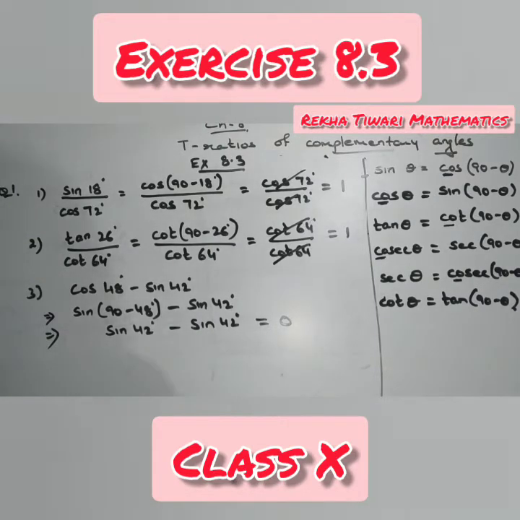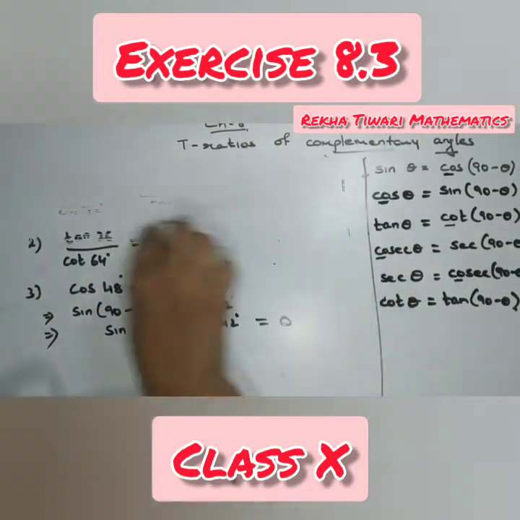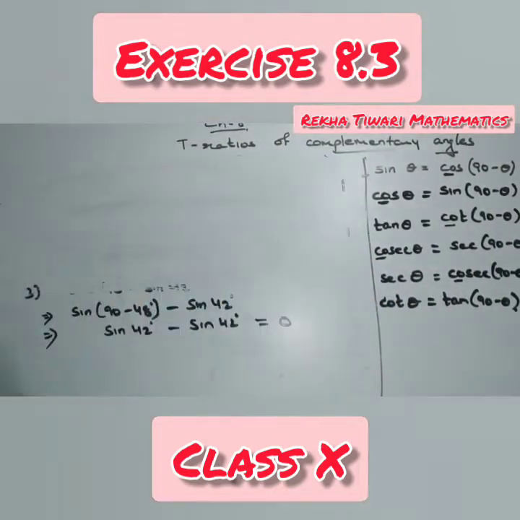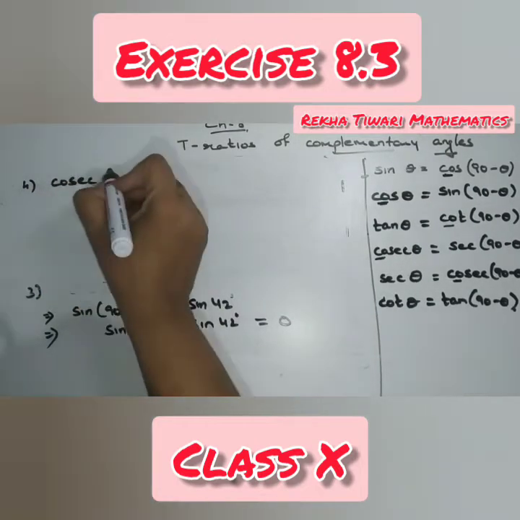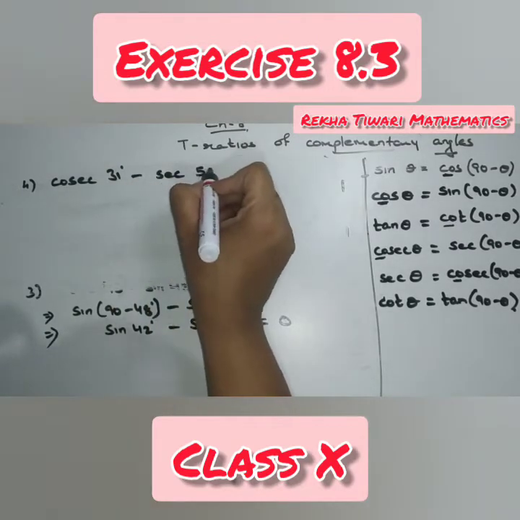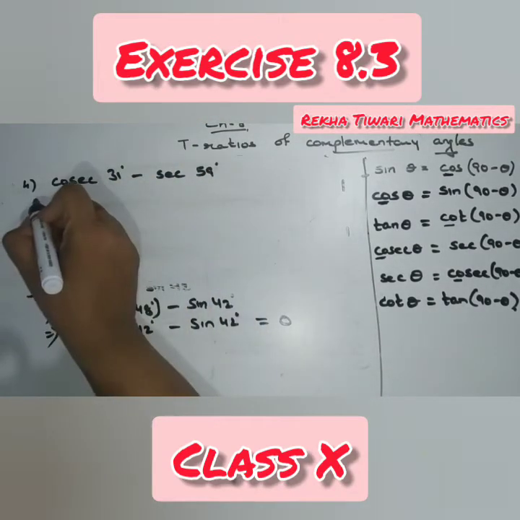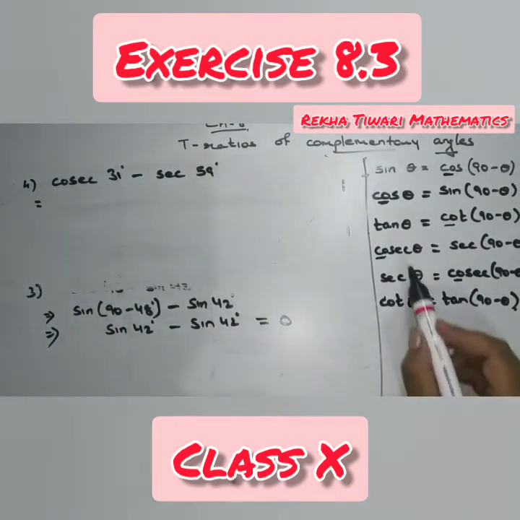Fourth part. This is similar to the third one. So the fourth part is cosec 31 degree minus sec 59 degree. Okay, so let us change any one. Either you change cosec or sec. Let me change the cosec theta.